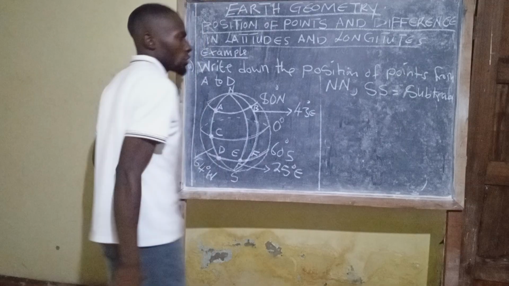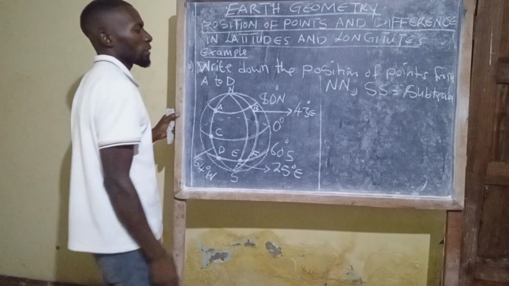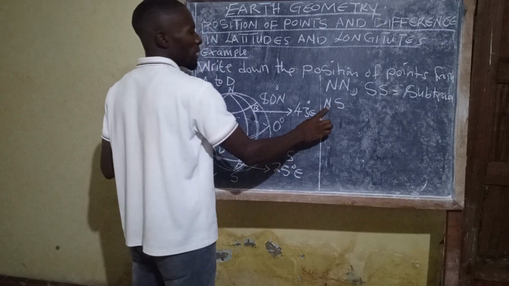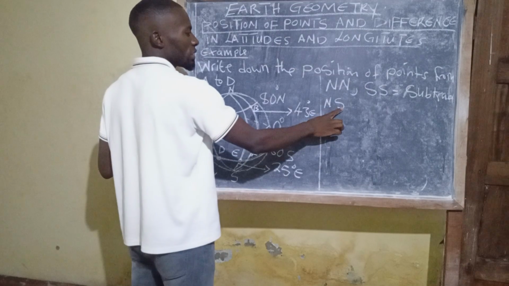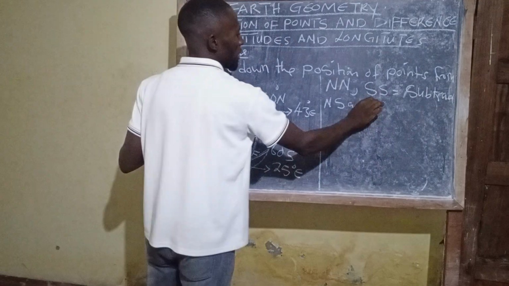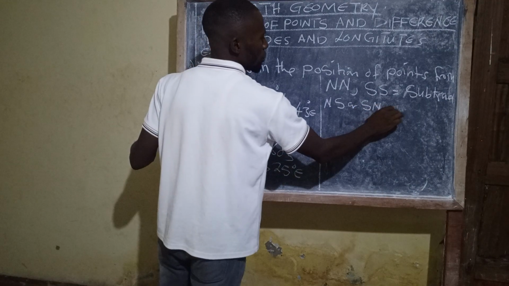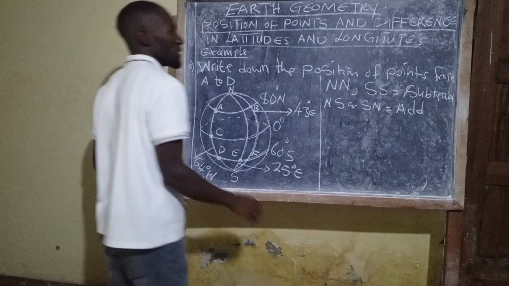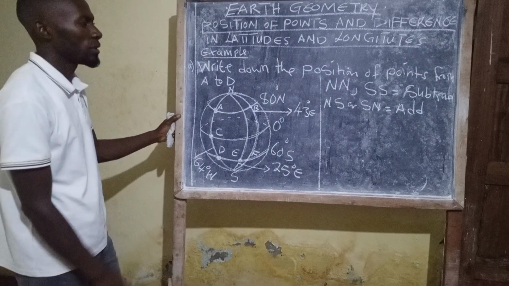What do you do? You subtract the latitudes. Then when they are in different points, one point is in north and the other point is in south, or one is in south and the other in north, what do you do? You add the latitudes. That is about the latitudes.